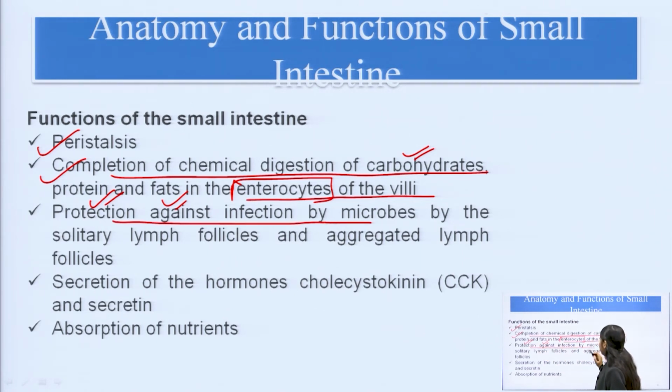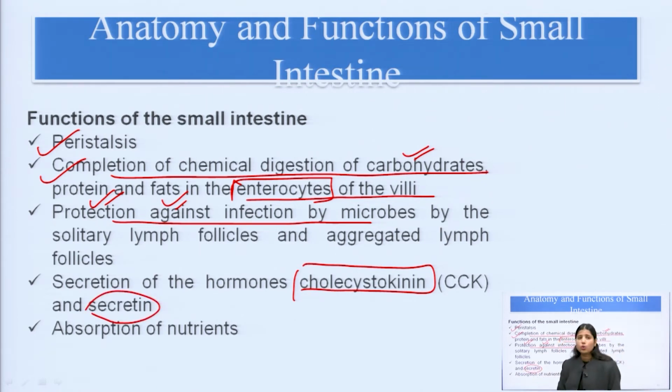Protection is provided against infection through lymph nodes. Then secretion of hormones, such as cholecystokinin, CCK, and secretin. These two hormones are produced by the small intestine. What these hormones are doing, listen.